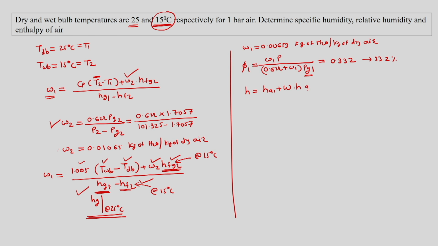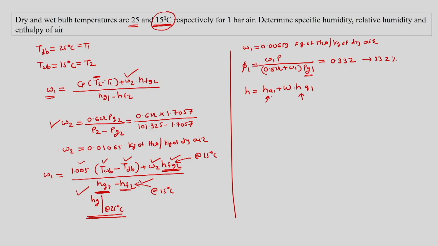Now we can find out the enthalpy of the mixture per unit mass of dry air as HA1 plus omega into Hg1. Here again Hg1 is the saturation enthalpy of vapor at 25 degrees Celsius. HA is Cp into T. So Cp, the specific heat, is 1.005 kilojoule per kg degree Celsius, and T is 25 degrees Celsius.